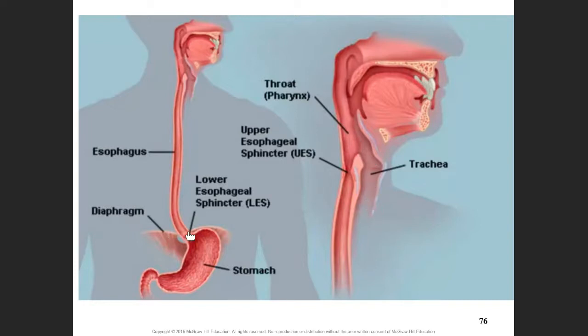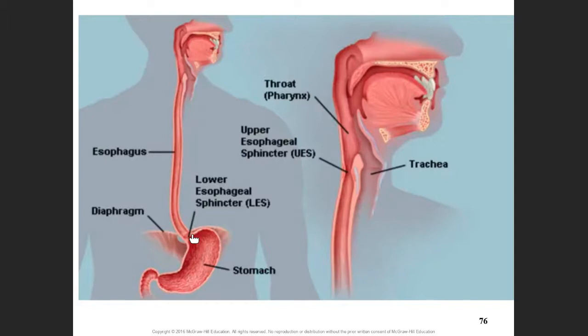The next sphincter is called the inferior esophageal sphincter or lower esophageal sphincter. This is a contracted ring of circular smooth muscle. Pay attention, the upper one or the superior one is skeletal muscle, while the inferior one is smooth muscle.